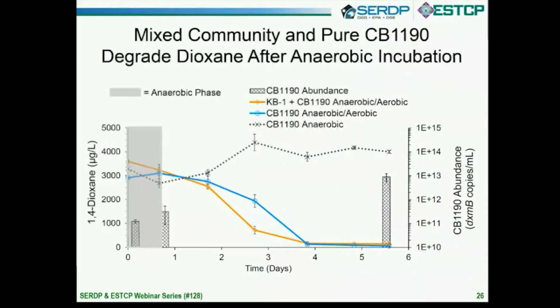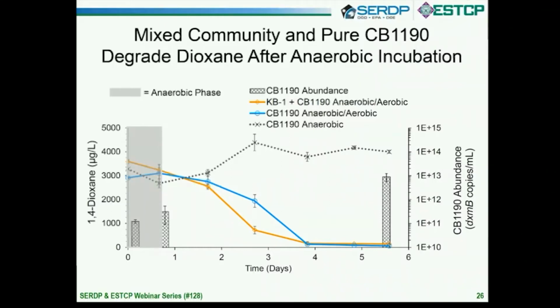A similar plot, but now the y-axis is 1,4-dioxane. Not much dioxane degradation occurs under anaerobic conditions, and remember, KB1 and CB1190 were added together. When conditions become aerobic, dioxane is degraded.